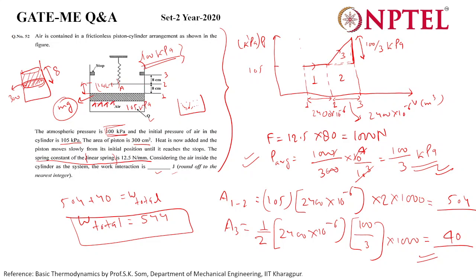Yes, sir. From here we can conclude that whenever atmospheric pressure is given and the weight of the piston is given, we can neglect that, because anyhow from the downside it is managing that. You can see, let's suppose this is a balloon and 100 is outside.